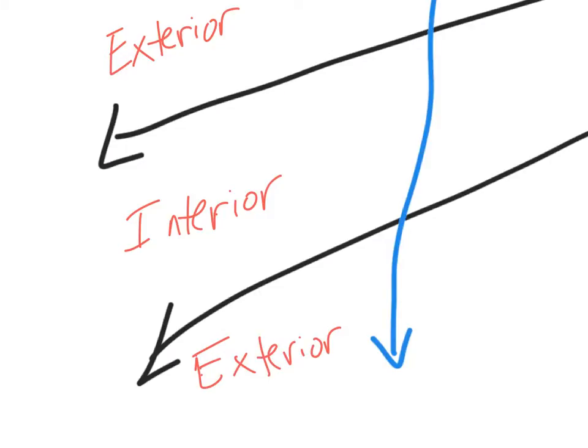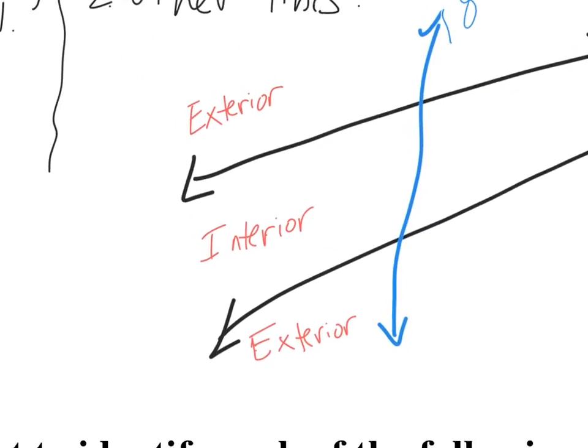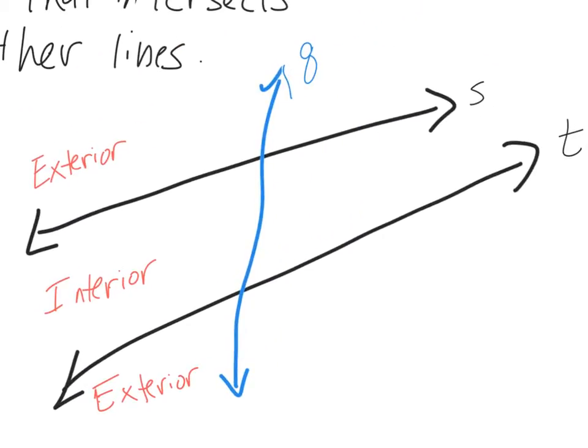All right, so then what I want to do here is name the angles. I'm going to call these angles 1, 2, 3, and 4, 5, 6, 7, 8, okay?